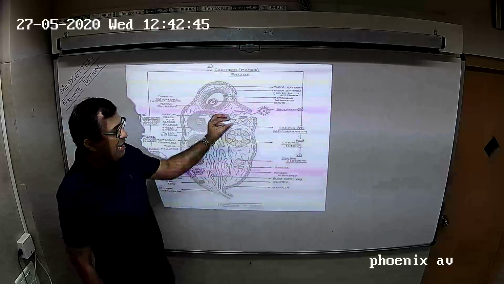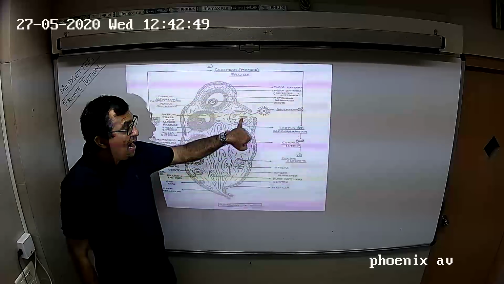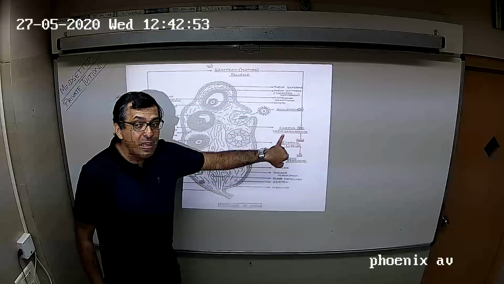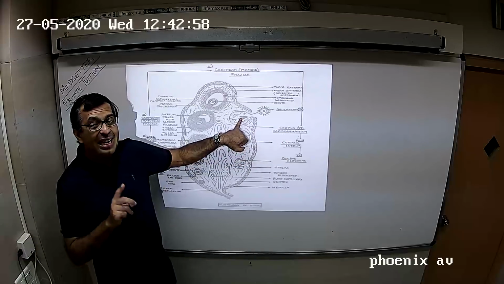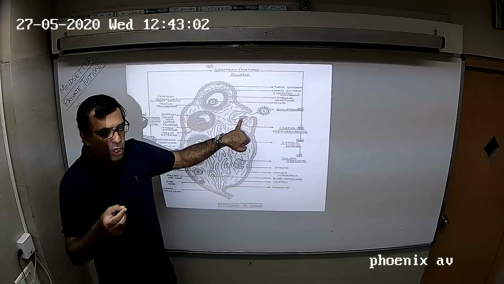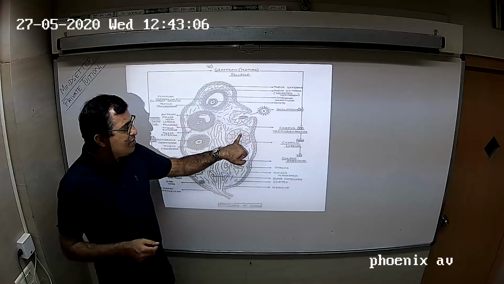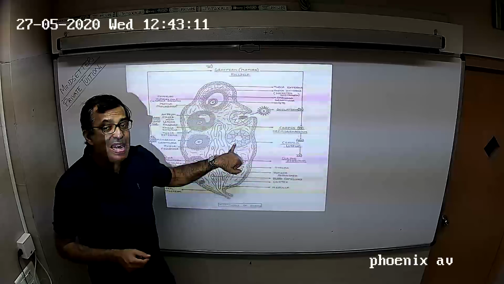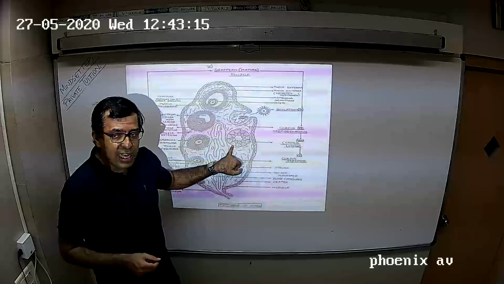In the meantime, the ruptured Graafian follicle has blood collected in it, which is now called the corpus hemorrhagicum. And very soon, the red blood cells of the clot of the corpus hemorrhagicum get converted into yellow colored lipid-rich cells, which are called the corpus luteum.